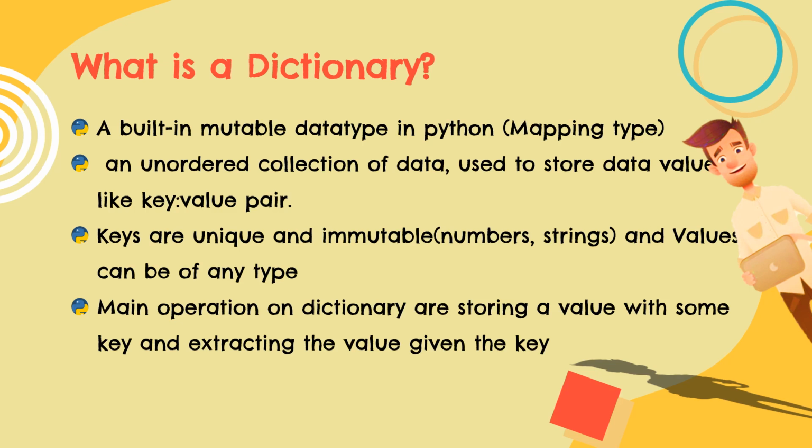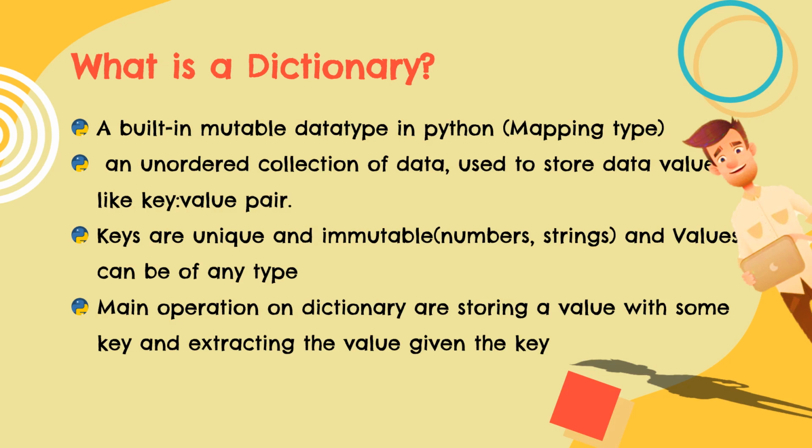The value in a dictionary can be of any type, but the key must be an immutable data type. Keys cannot be changed. The dictionary itself is mutable, so we can add new items or change the value of existing items.